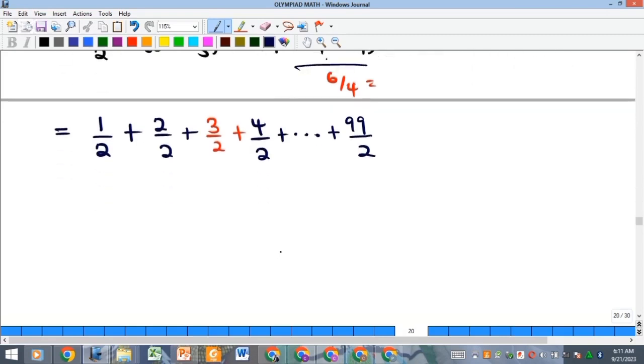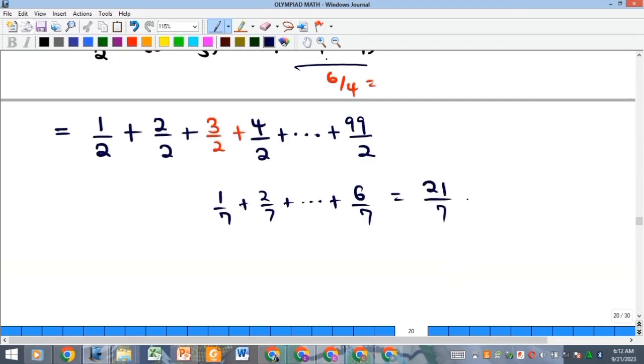I'm going to do that of 7 so that you will see what it's going to give you. Remember that 7 is going to be 1 over 7 plus 2 over 7, and you keep adding until you get to 6 over 7. That means I'm going to be adding 1, 2, 3 to 6. So if I add 1 to 2, that's 3, to 4, that's 6, to 5, that's 15, then add 6, that's 21.